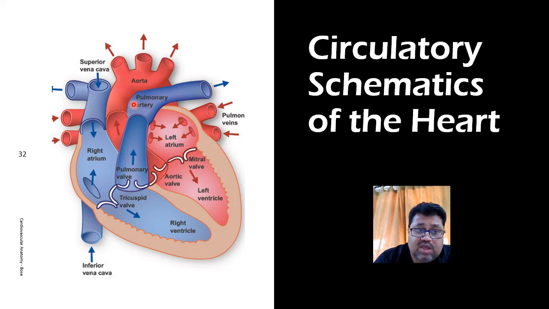Once the blood goes to the lungs, it exchanges carbon dioxide and oxygen, and oxygenated blood will be returned through the four pulmonary veins back into the left atrium. The blood returning into the left atrium from the lungs is nearly fully saturated with oxygen.